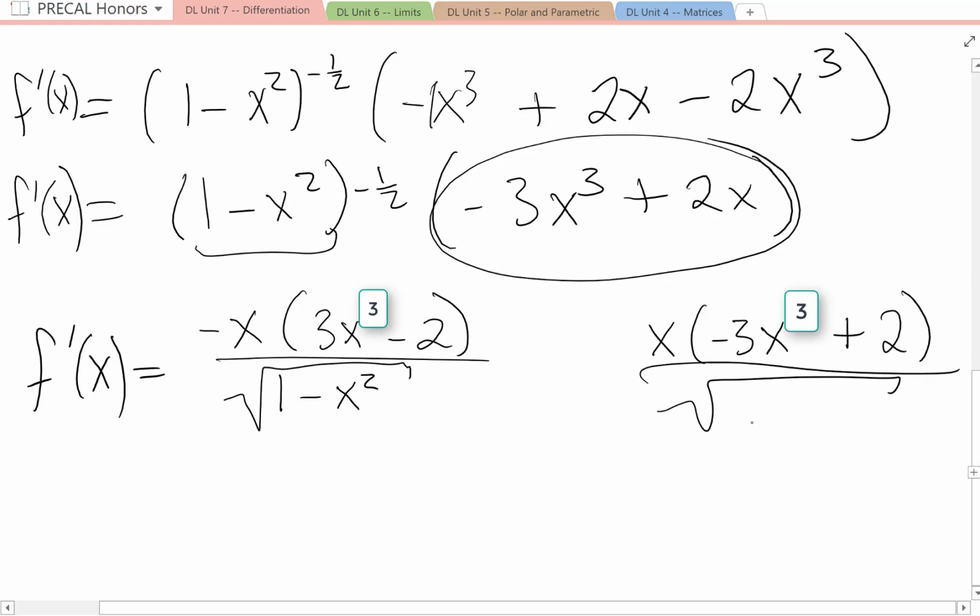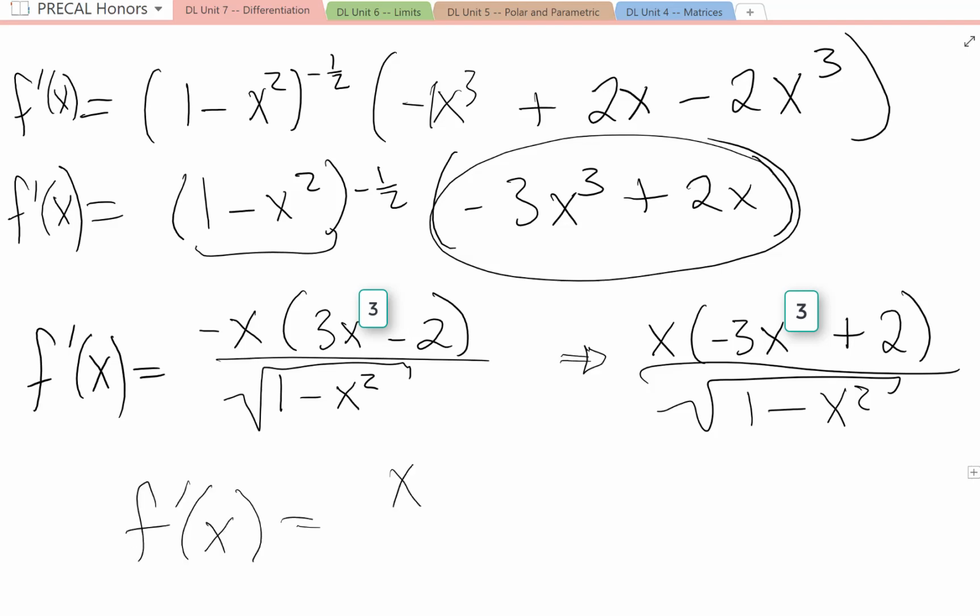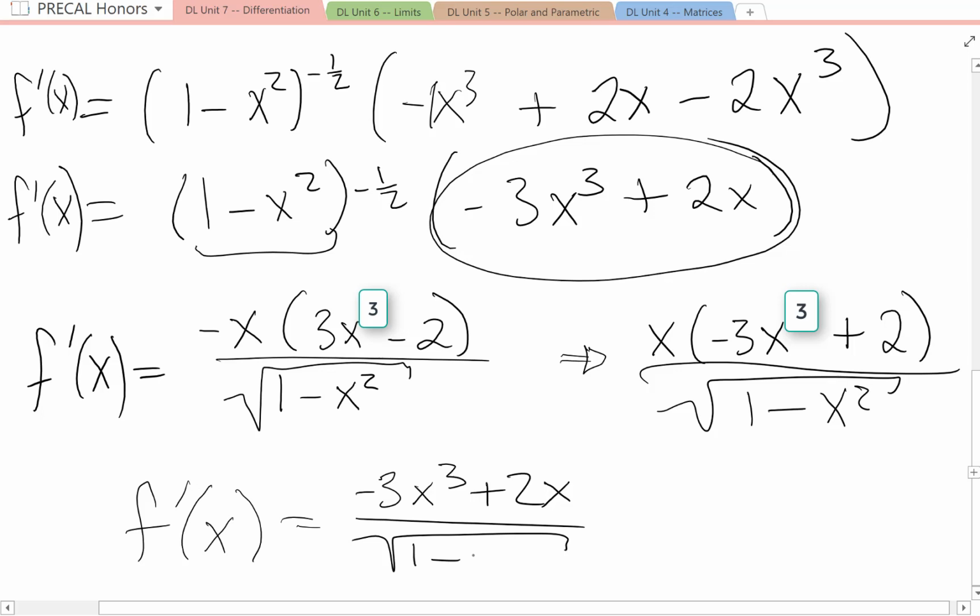Either way, you still get the derivative. And if you didn't factor the numerator, it's always a good idea to attempt factoring at least, so that you can make sure you have reduced everything. But this answer right here would also not be counted wrong. Okay, that would be an acceptable answer.